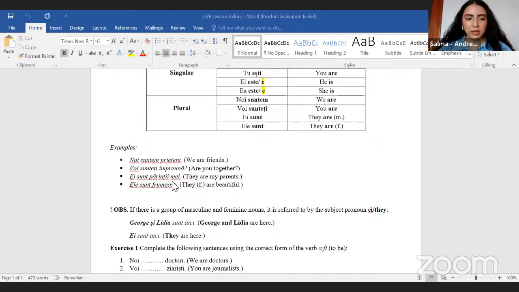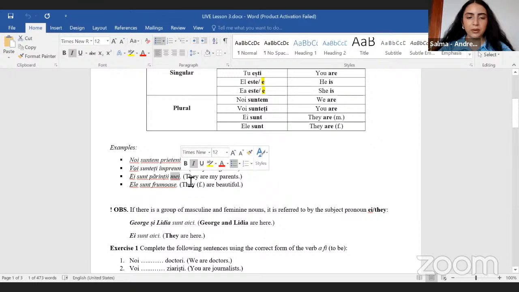Another observation here, this is just to introduce other aspects of the language. We will tackle them later on. Părinții mei, which can be translated as my parents. As you can see, the possessive adjective is reversed.